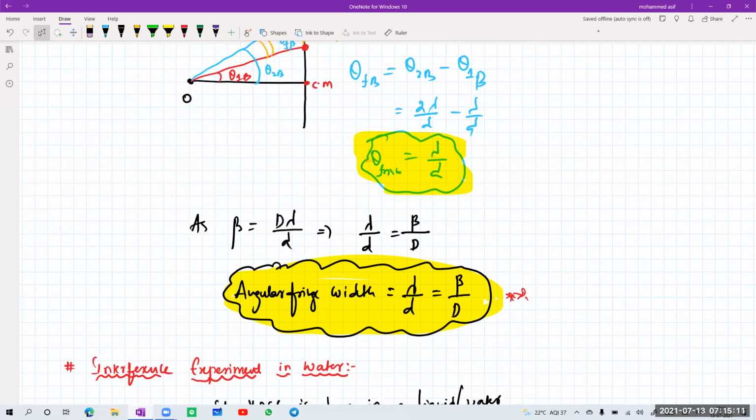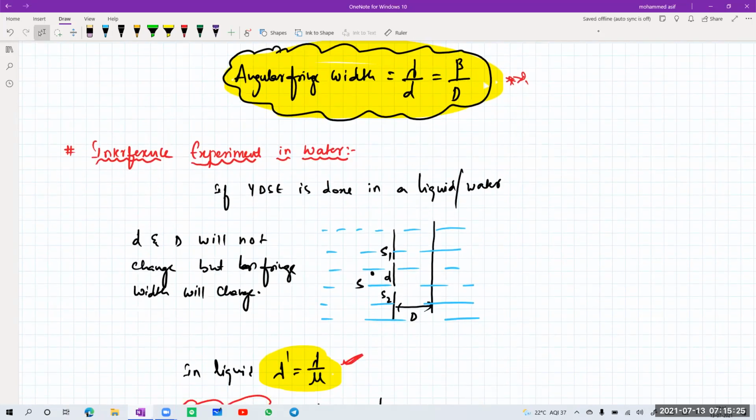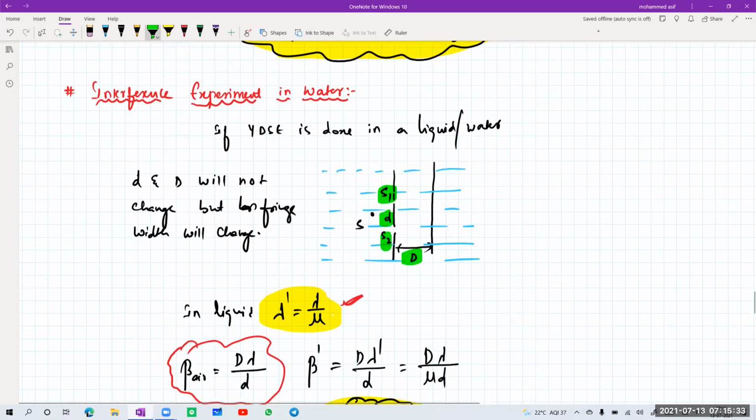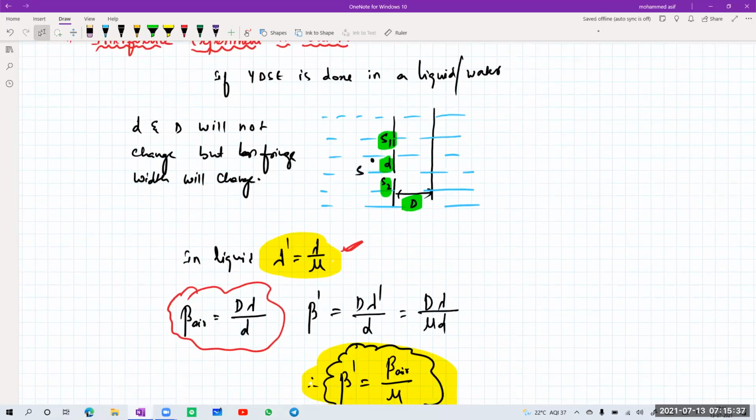Lambda by d can also be written as beta by D, because beta equals D lambda by d. So lambda by d equals fringe width divided by capital D. I told you yesterday, if the interference experiment, if YDSE, is done in water, then capital D is not going to change, small d is not going to change, the sources and the parent source are not going to change, only the wavelength of the light will change. The wavelength of light in water is given by lambda dash equals lambda by mu.